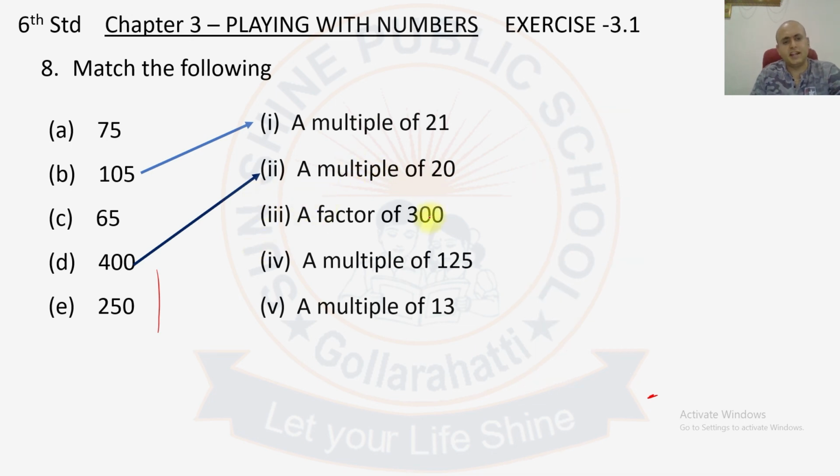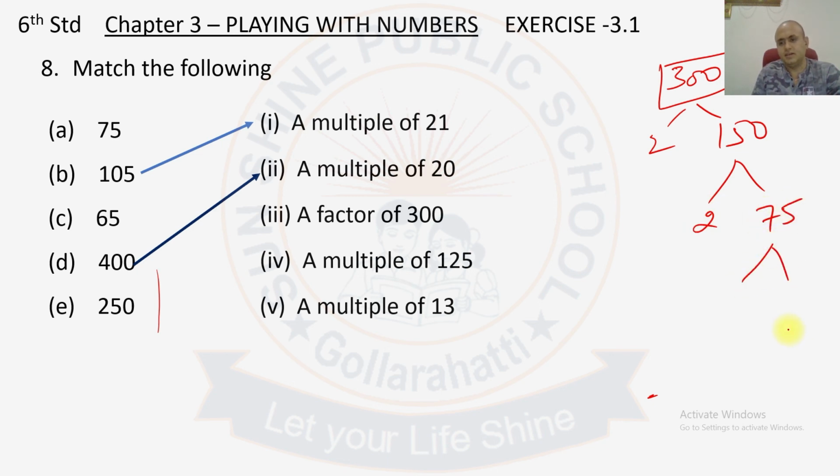So next, a factor of 300. I should search among 75, 65, 250. I don't know which of these it is. I should keep on using the factorization method. So I should write 300 and find the factors of 300. 2 one-fifties are 300, and again 150 divided by 2 is 75. 75 is divided by 5, 5 fifteens are 75, and 15 divided by 5, 5 threes are 15.